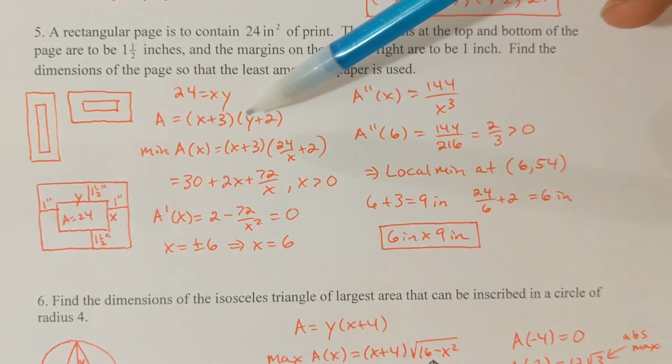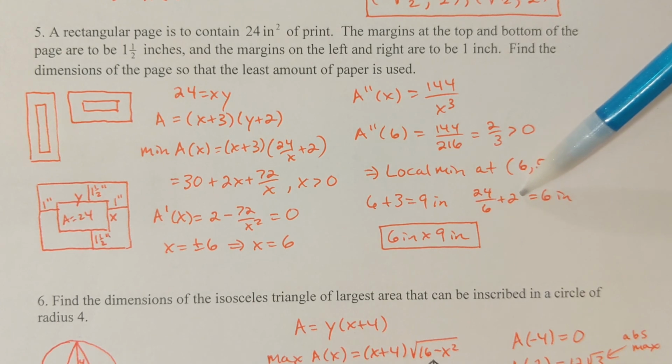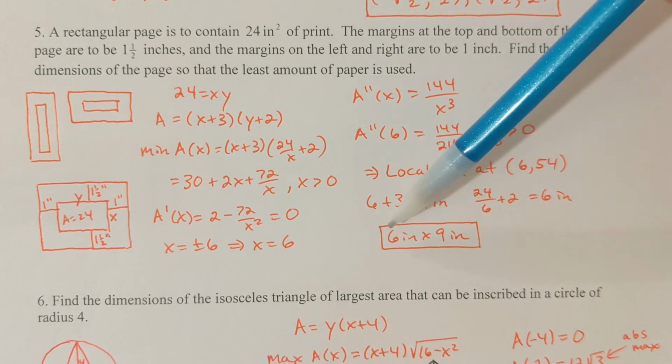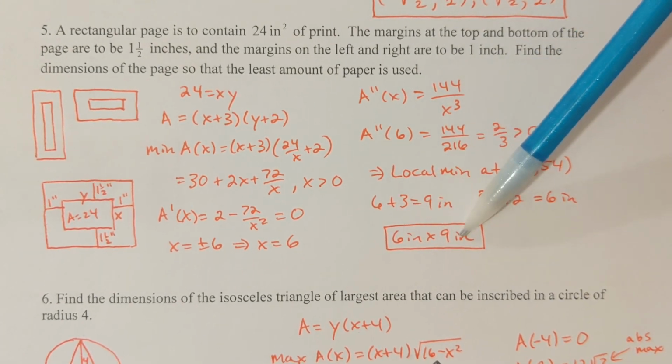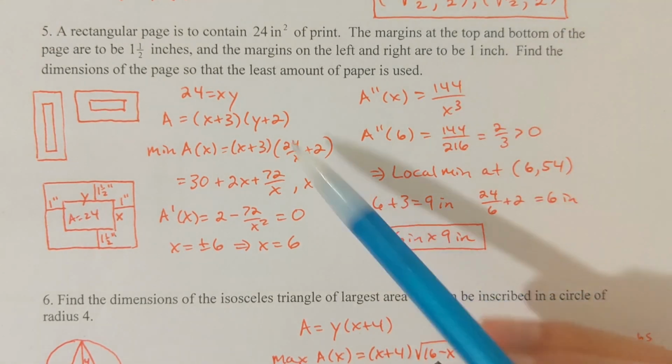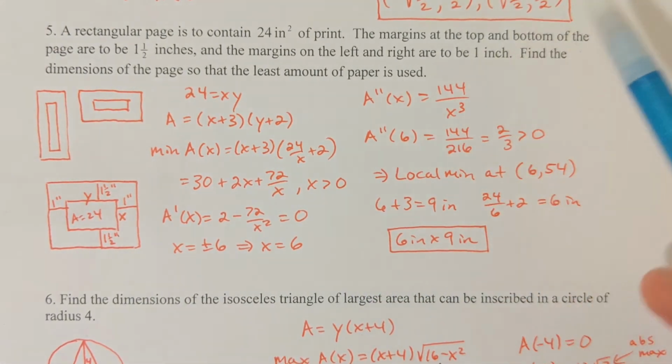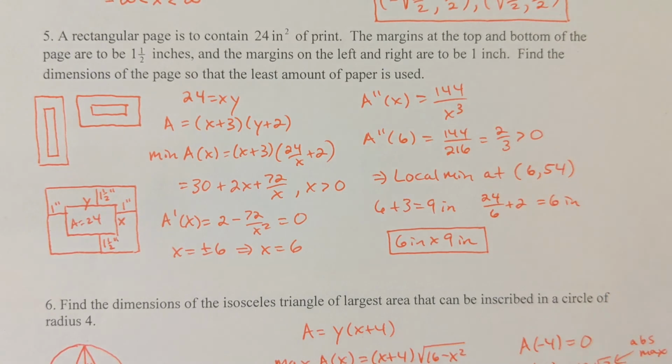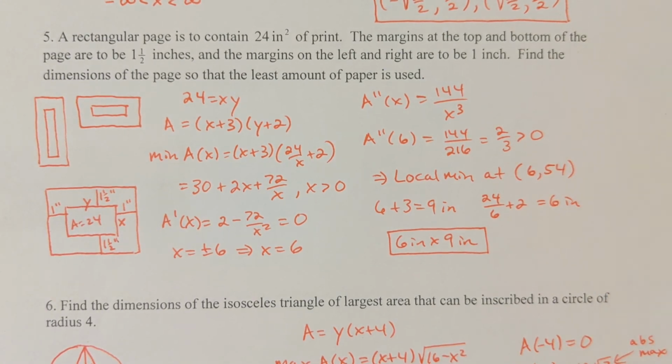And then 4 plus 2 is 6. So 6 inches by 9 inches would be the dimensions of the page that we'd want to work with so that the least amount of paper is being used there.